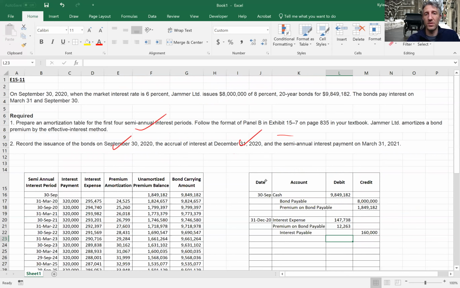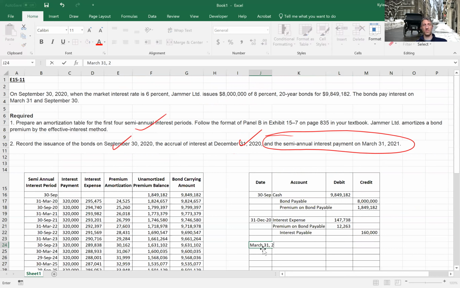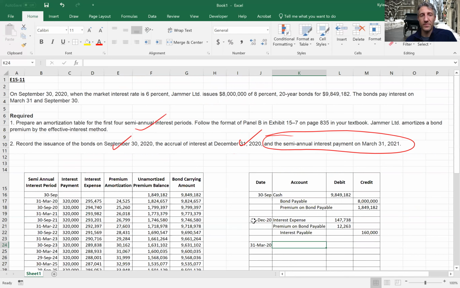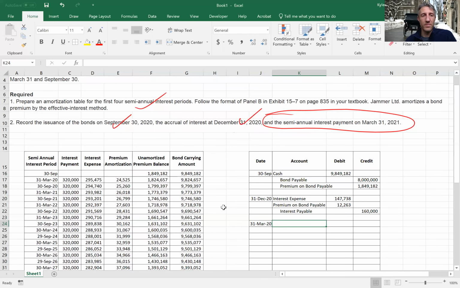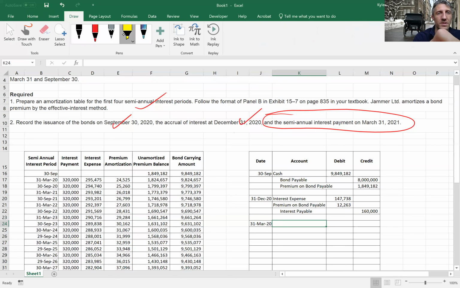And now what we need to do is the actual semi-annual payment on March 31st. So, well, what do we have? We know the March 31st payment, and you know what? I'm going to highlight this just so it's easier for us to look at. This is what we were just talking about, this line here.